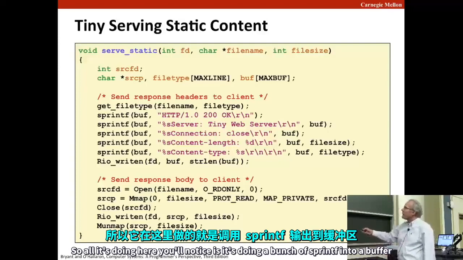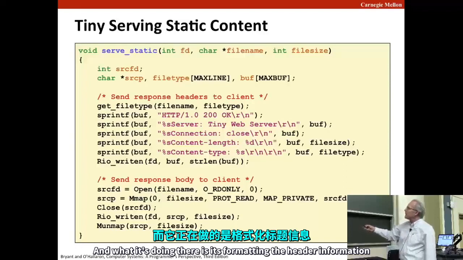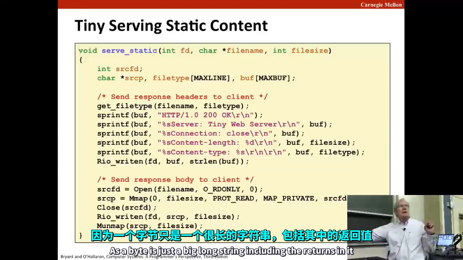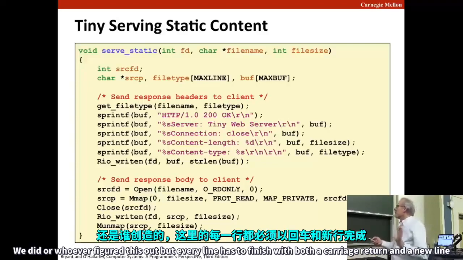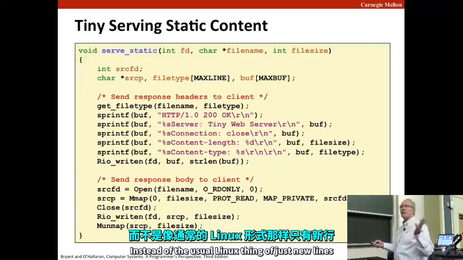So all it's doing here, you'll notice, is a bunch of sprintfs into a buffer. It's formatting the header information as just a big long string, including the returns in it. And one of the features, don't ask me why, the great wisdom of Tim Berners-Lee, or whoever figured this out, is that every line has to finish with both a carriage return and a new line, instead of the usual Linux thing of just new lines.